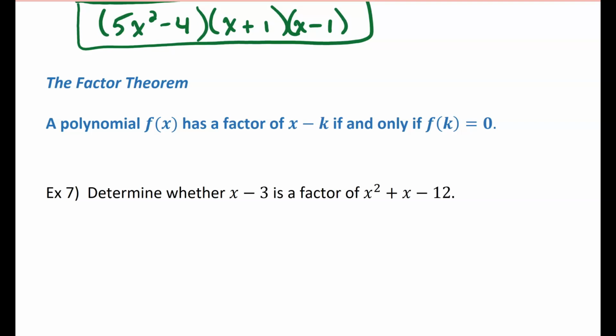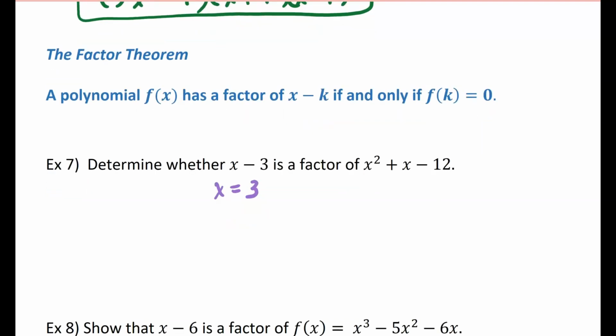Okay, so determine whether x minus 3 is a factor of x squared plus x minus 12. So if the factor is x minus 3, then that means x would equal 3. And that's what we're going to plug into the equation and solve.